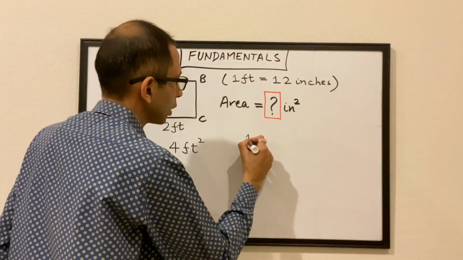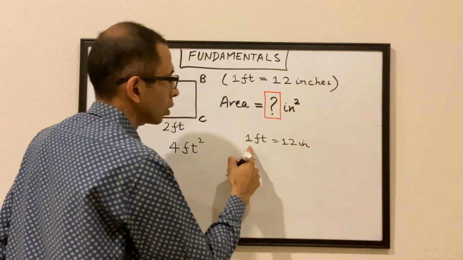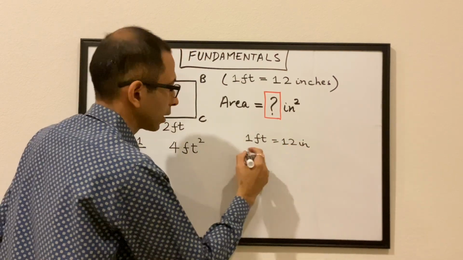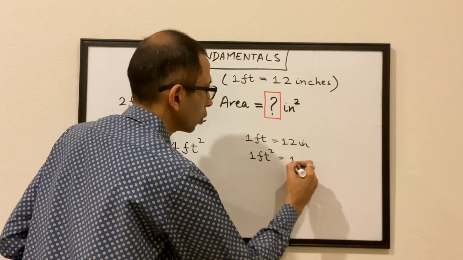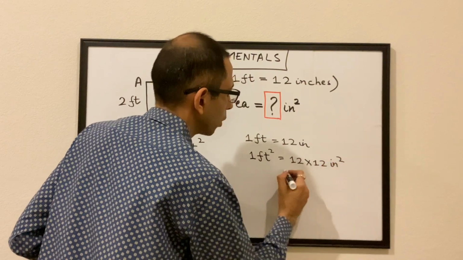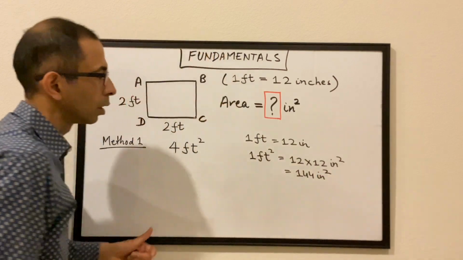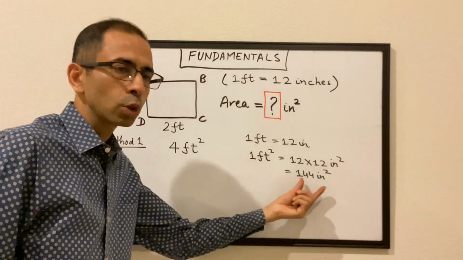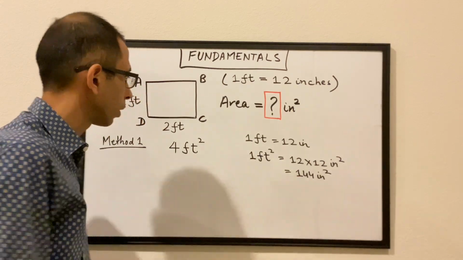We know 1 foot is equal to 12 inches. We square both sides, so we get 1 feet square is equal to 12 times 12 inches square, or 144 inches square. So we're converting feet square into inches square, and 1 feet square is coming out to be equal to 144 inches square.